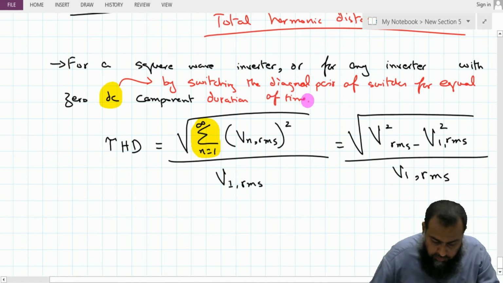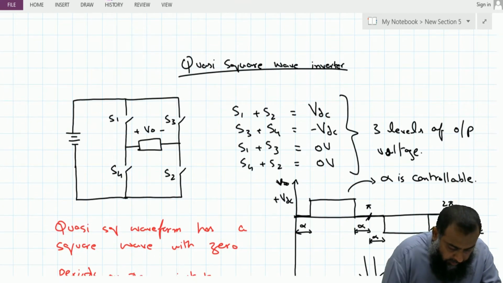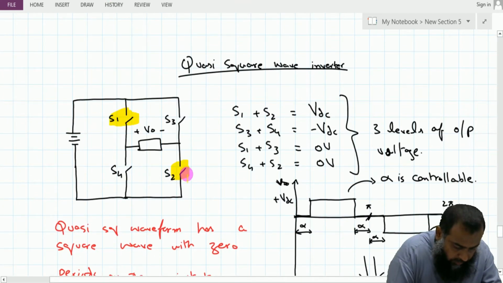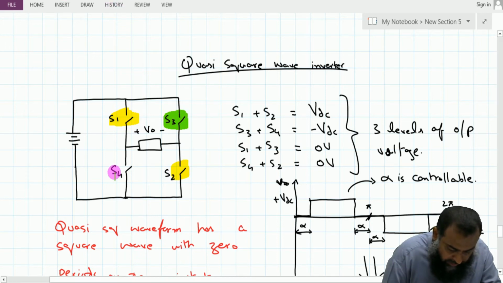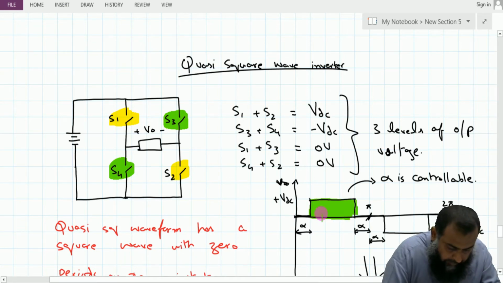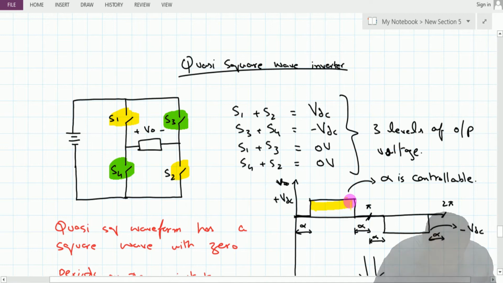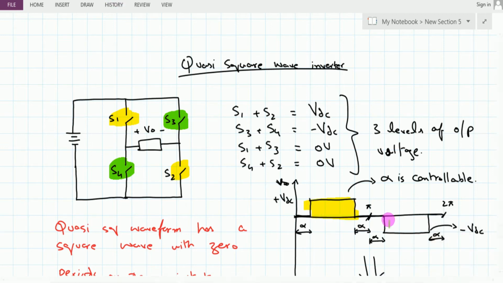This was also discussed yesterday: the time for which we turn on the switches S1 and S2 should be equal to the time for which switches S3 and S4 are turned on. This ensures that the total area under the positive curve is equal to the area enclosed in the negative curve, so there will be zero DC component in the system.